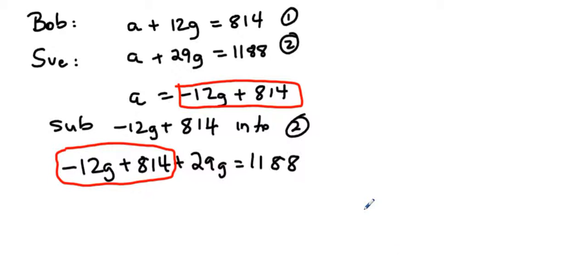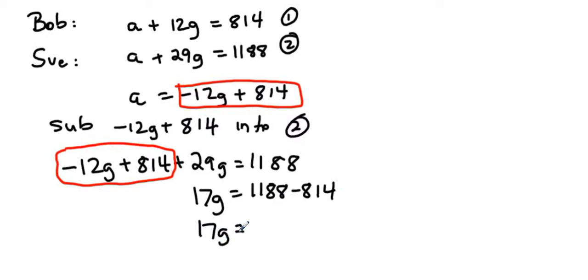We'll just gather up our like terms. So 29G minus 12G is going to be 17G. I'm going to bring that 814 to the other side, change the sign. So I've got 17G. Again, I'm just going to subtract those.